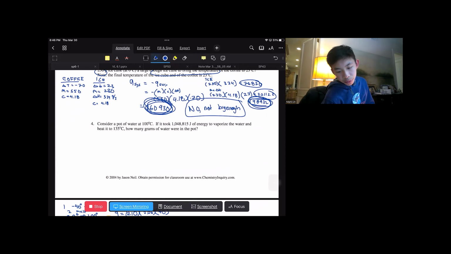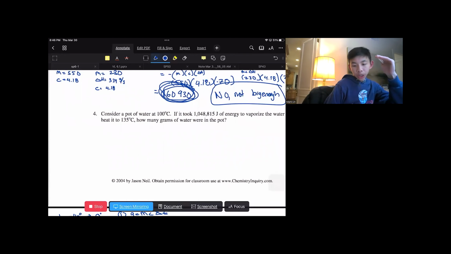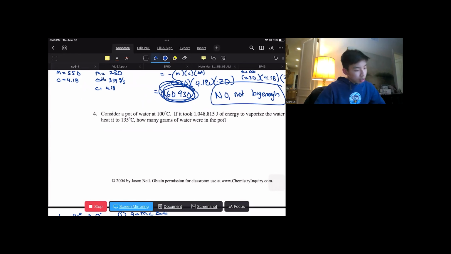Okay, so basically, we have the pot at 100 degrees Celsius, and we need to bring it to 135.